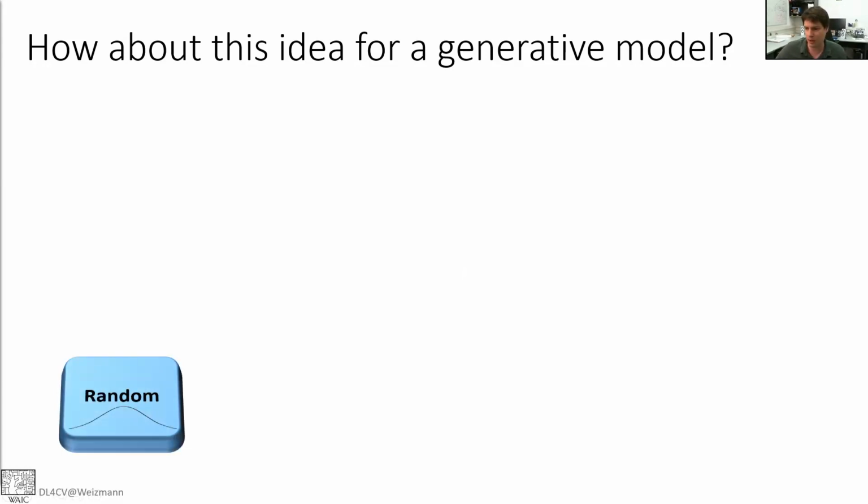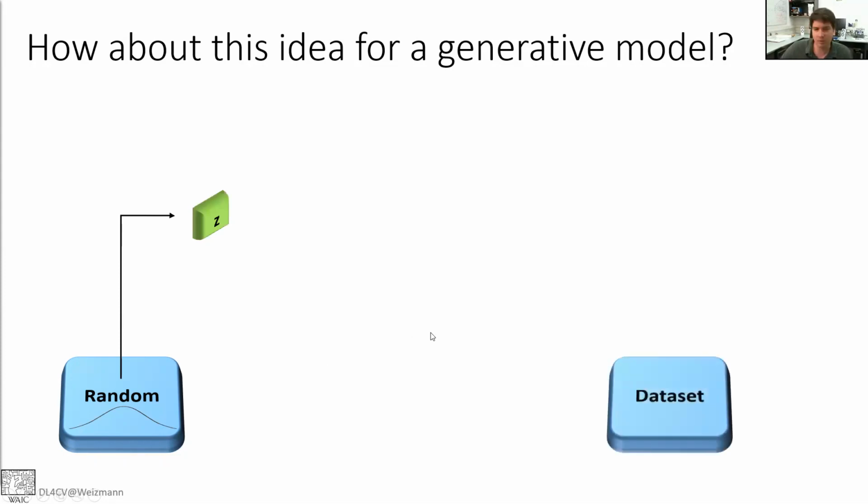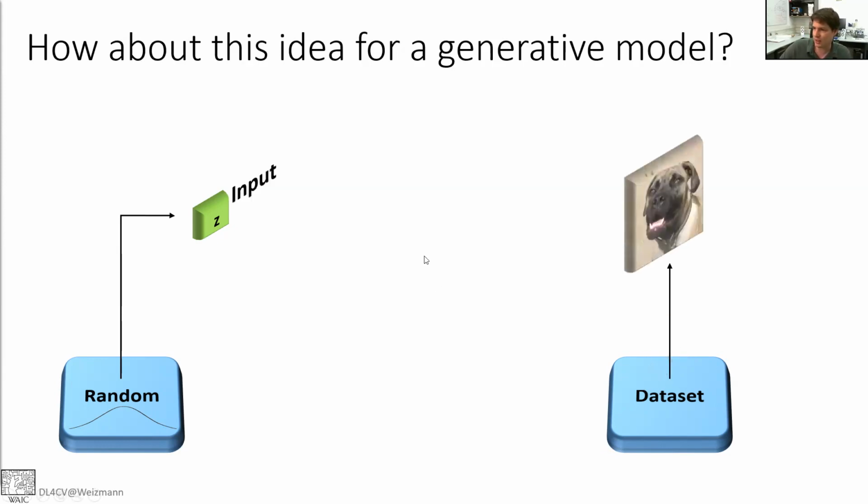I'm going to have this pseudo-random generator, and I'm going to just sample a random vector out of a normal distribution, call it Z. On the other hand, I have this data set, say, of images, and now just at random, I'm going to sample one image out of this data set. And I'm going to say that this noise that I just sampled is the input, and this image that I took from the data set is going to be the label.